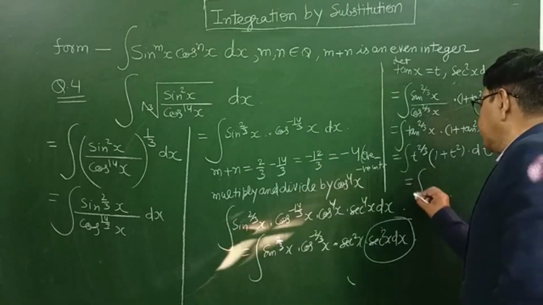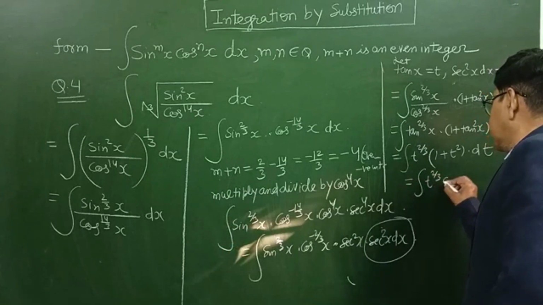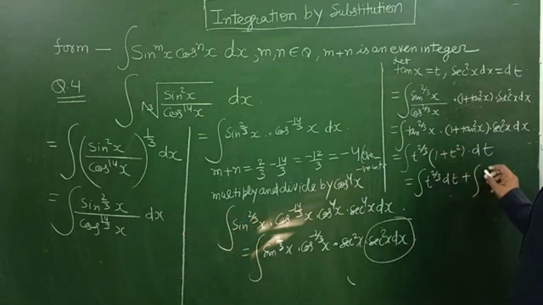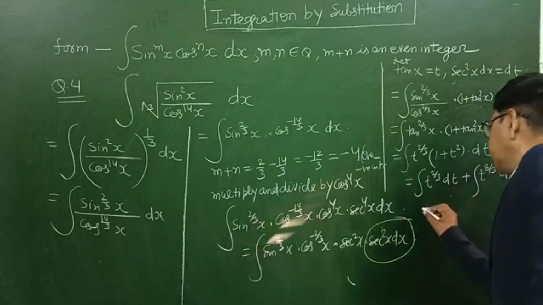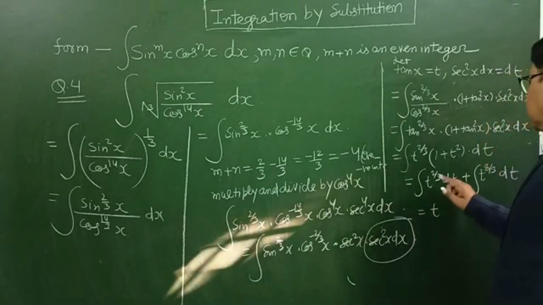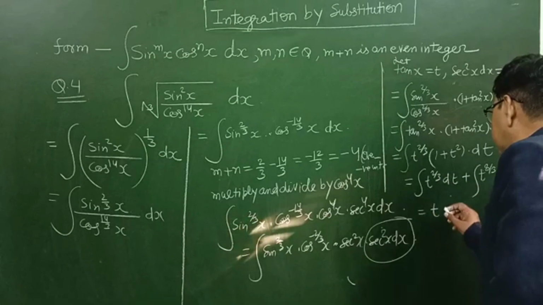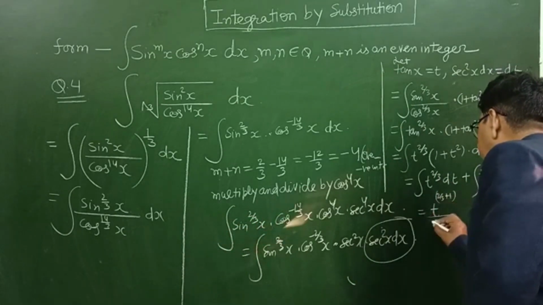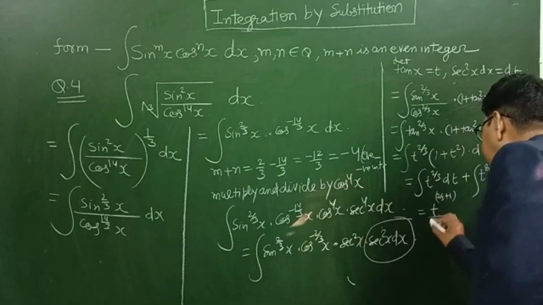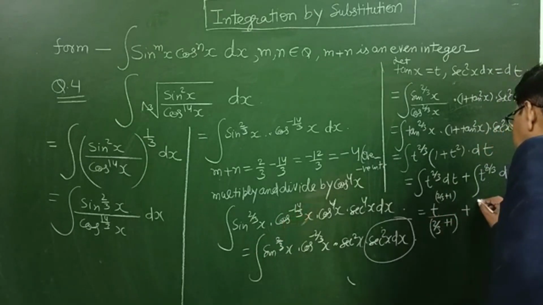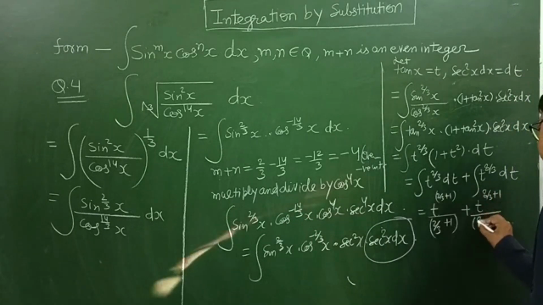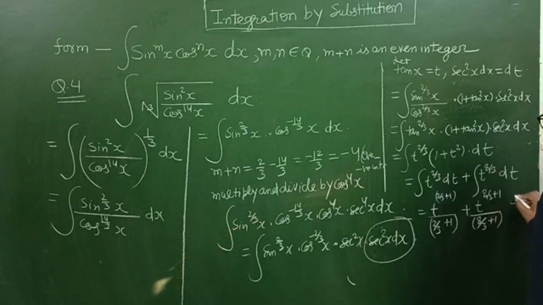Now separating the integrals, t raised to the power 2 upon 3 dt plus here 2 plus 2 upon 3, that is t raised to the power 8 upon 3 dt. Now on integrating we get t raised to the power 2 upon 3 plus 1, upon 2 upon 3 plus 1, plus t raised to the power 8 upon 3 plus 1, upon 8 upon 3 plus 1, plus c.